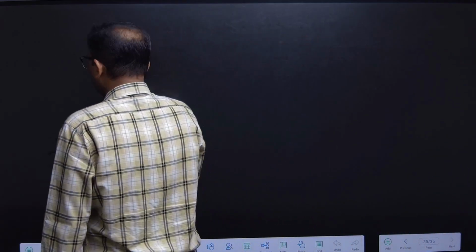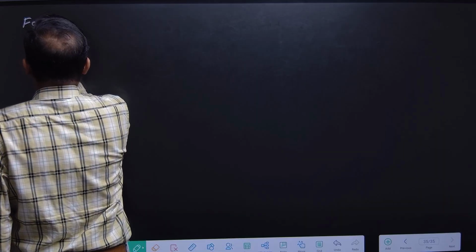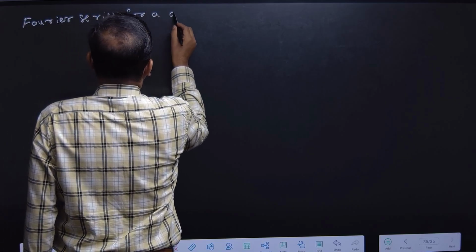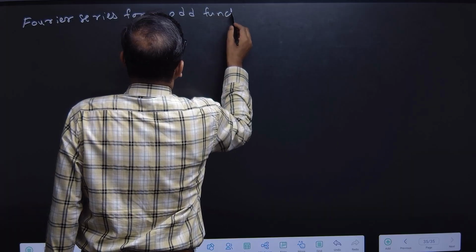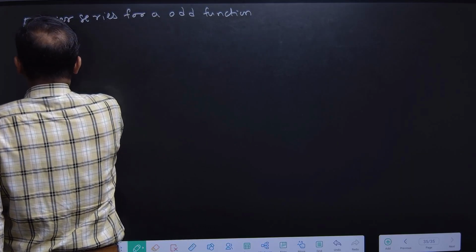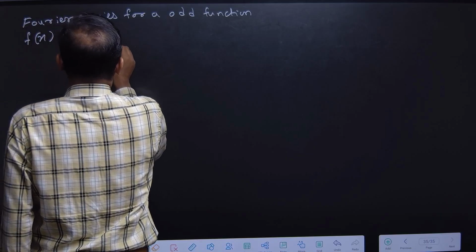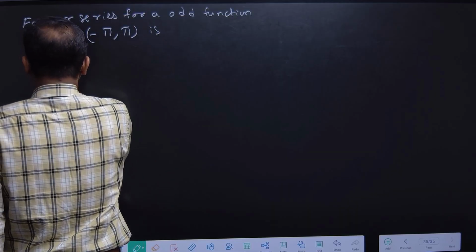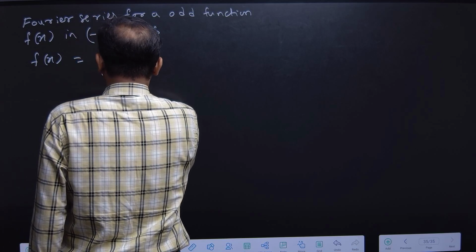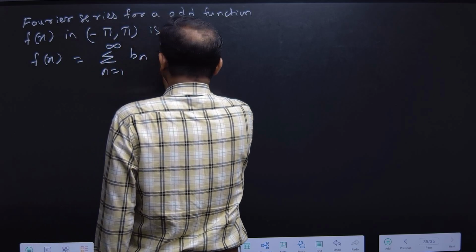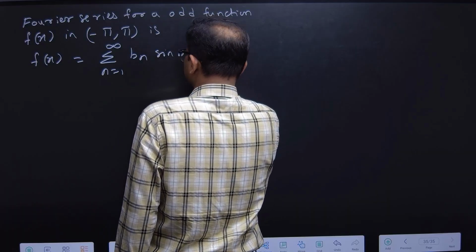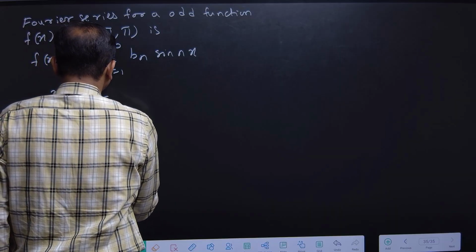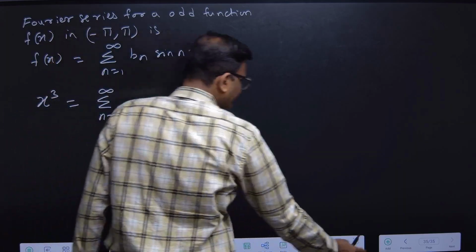So we know the Fourier series for an odd function f of x in the interval minus pi to plus pi is given by f of x is equal to summation n is 1 to infinity Bn sine of nx. If you substitute the respective values, f of x is x cube. You substitute the value of Bn.